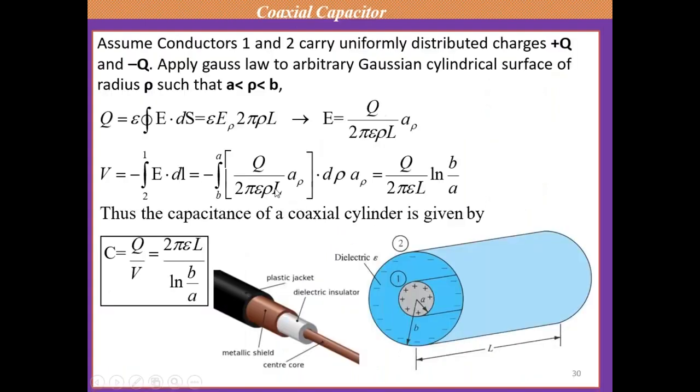So we have the coaxial capacitor. For a coaxial capacitor, there is the plastic jacket, the dielectric insulator, the metallic shield, and the center core.